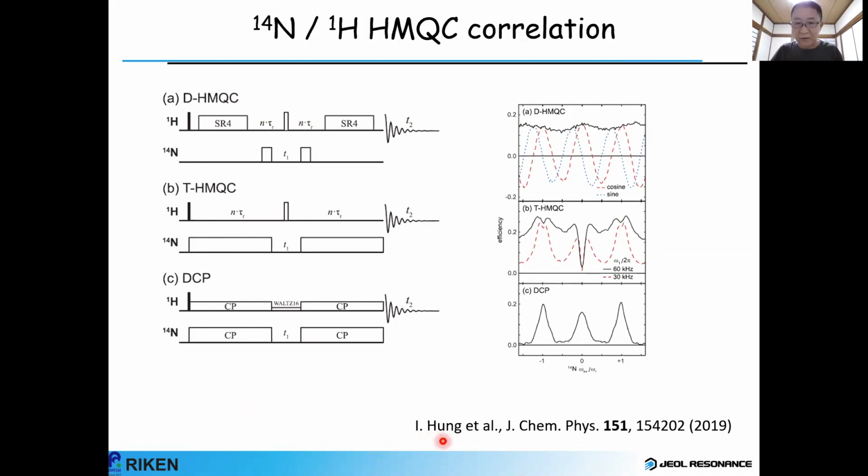And quite recently, one comprehensive study was published from the NHMFL. Based on that, this T-HMQC looks like the best one. I have also independently verified these effects. At this moment, I'm in the middle of these two, but my message is that this is still a developing field.